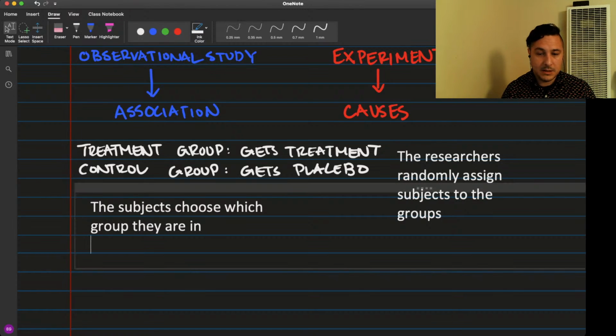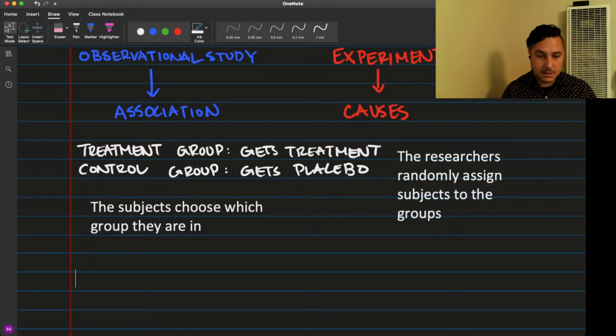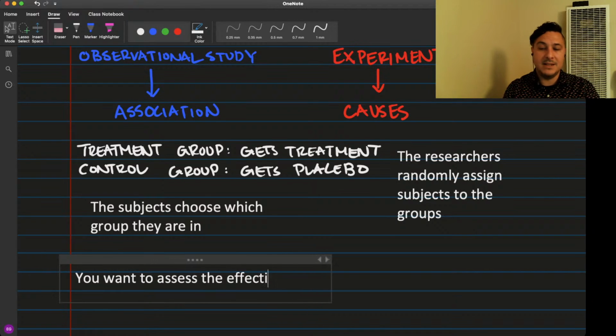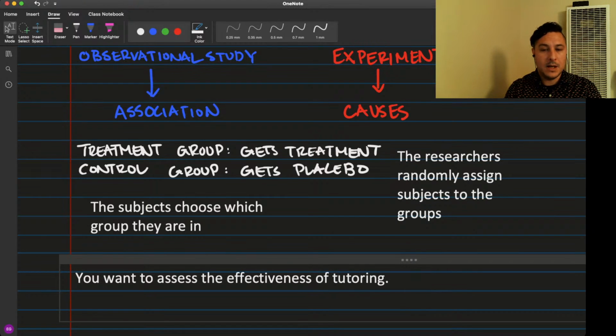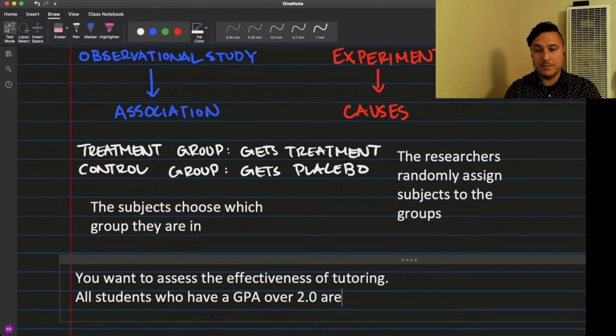So let's say you want to assess the effectiveness of tutoring. So what you decide to do is that all students who have a GPA over 2.0 are placed into the treatment group.